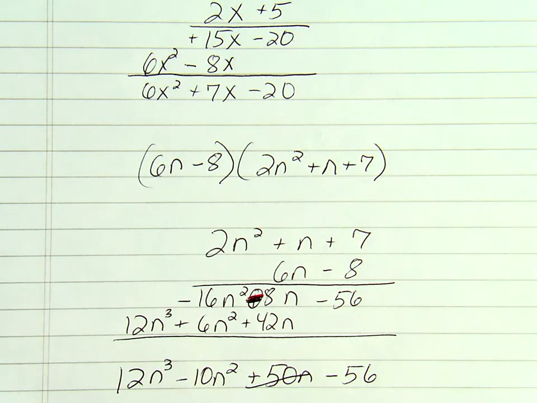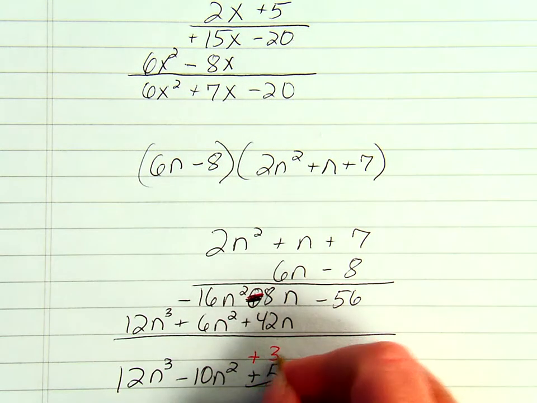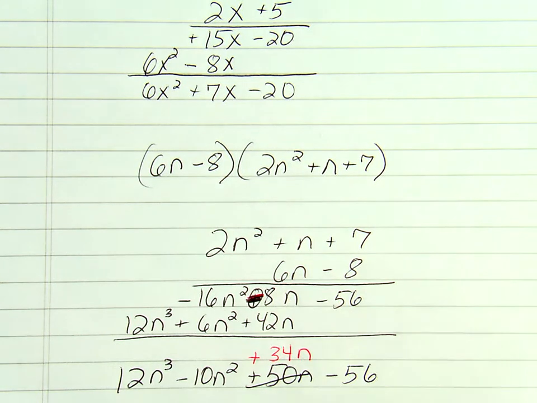Just a little reminder there. Okay, and so what we actually end up with here is 12n cubed minus 10n squared, and here's where I made that critical error. This should be a positive 34n. There's my correction, minus 56.